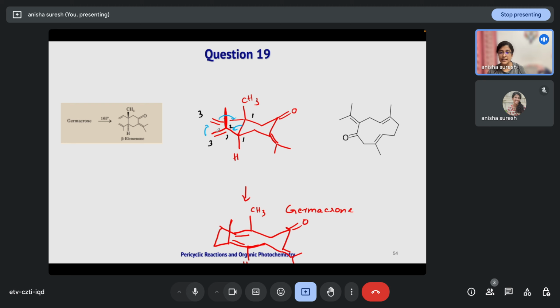I will explain once again. So we have drawn this beta elemenone in this fashion. Okay, a 3,3 sigmatropic ring opening sort of mechanism only we are showing here. Both sides it is possible now.